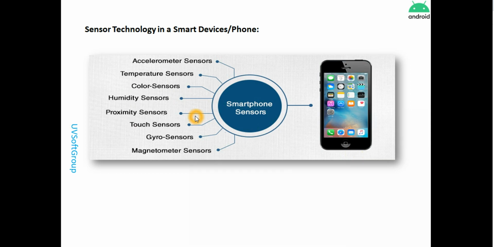In general, sensor technology in smart devices, phones: accelerometer sensor, temperature sensor, color sensor, humidity sensor, proximity sensor, touch sensor, gyroscopic sensor, magnetometer sensor. If you have a smart device, you can see how all the sensors work and get a real impression of how they work. With this dimension you can calculate your speed, whether you are running or walking.